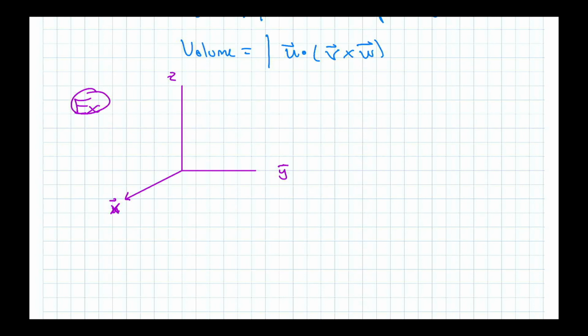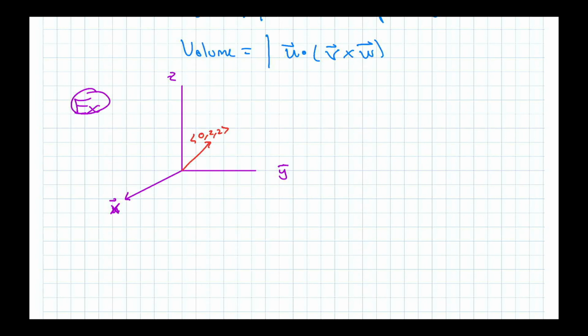Let's take one of them on the back here, like that. That vector looks to me like 0 in the x direction, 2 in the y, 2 in the z. So that's the vector 0, 2, 2. I'm drawing it on the back wall, basically.